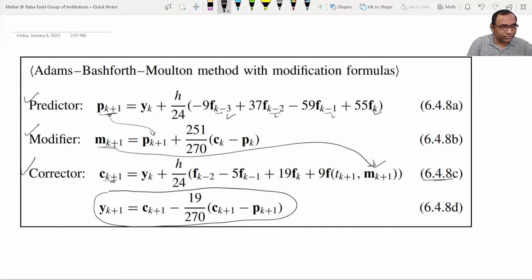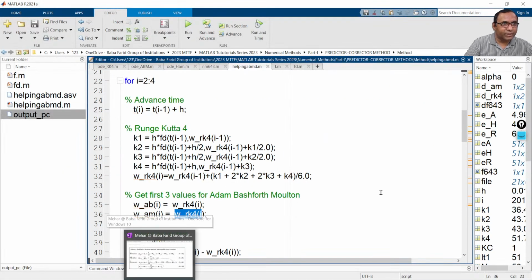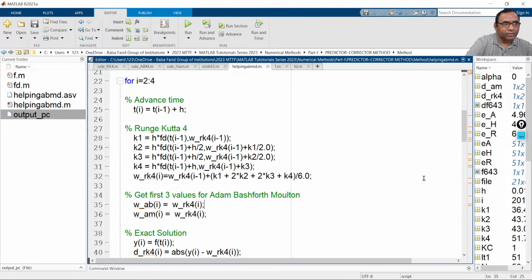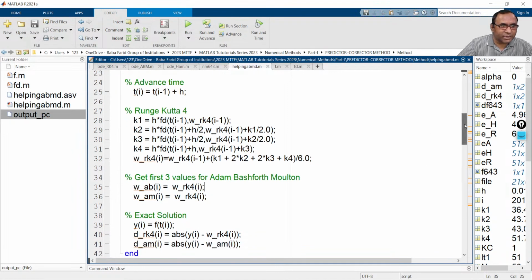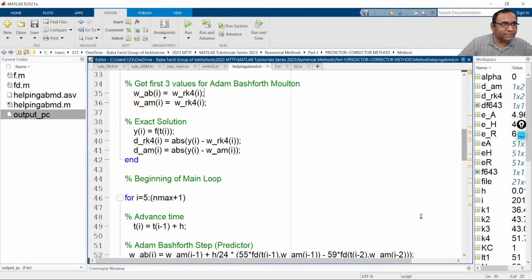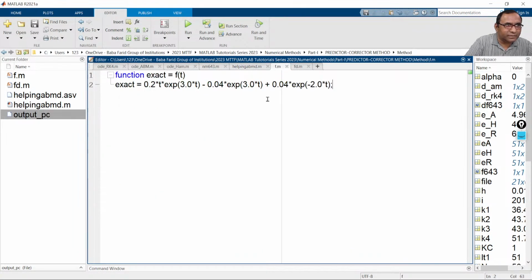So now come here. Along with this, we have the exact solution, which is given here: y_i is equal to f(t_i), and we are calling the function at its place, t. Yes, this is the exact solution.